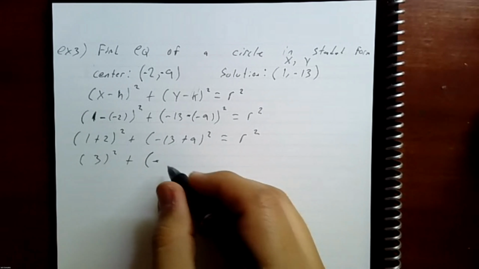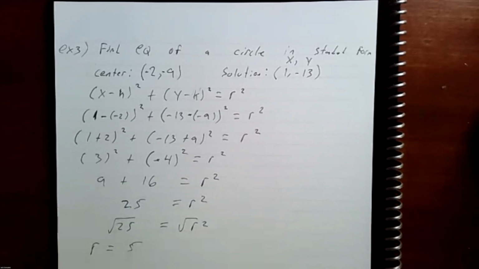Okay. So 9 plus 16 is equal to R. 9 plus 16 would be 25. Yeah. All right, just always double check me because I don't like numbers anymore. 25 square root, R would be equal to 5, right?